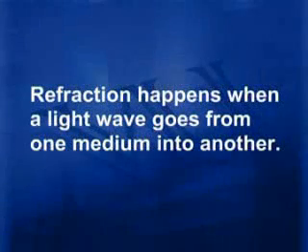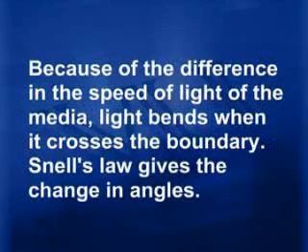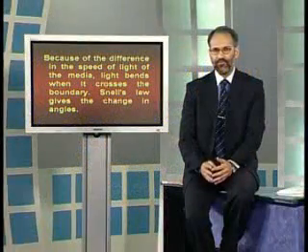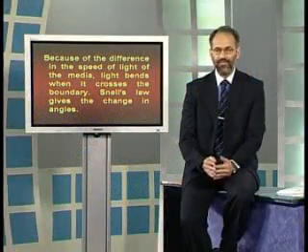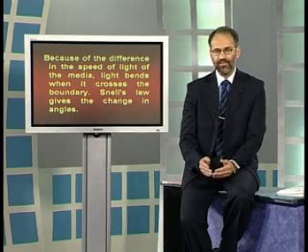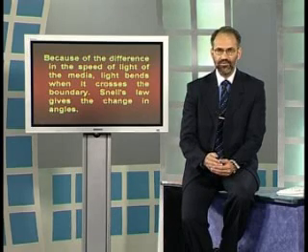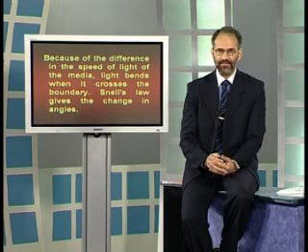Refraction happens when a light wave goes from one medium into another. Because of the difference in the speed of light of the media, light bends when it crosses the boundary. Snell's law gives us the change in angles. Whenever we have light moving from one medium to another, its speed in one medium is something else, and in the other medium its speed changes.